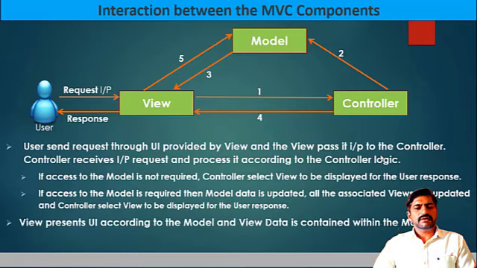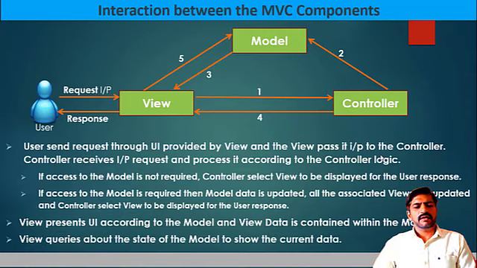So the view presents the UI, that is the user interface, according to the model, and the view data is contained within the model. So the view presents the UI, the model contains the data, and the controller takes the action or selects the view or selects the data from the model and gives the particular view as a response to the user.